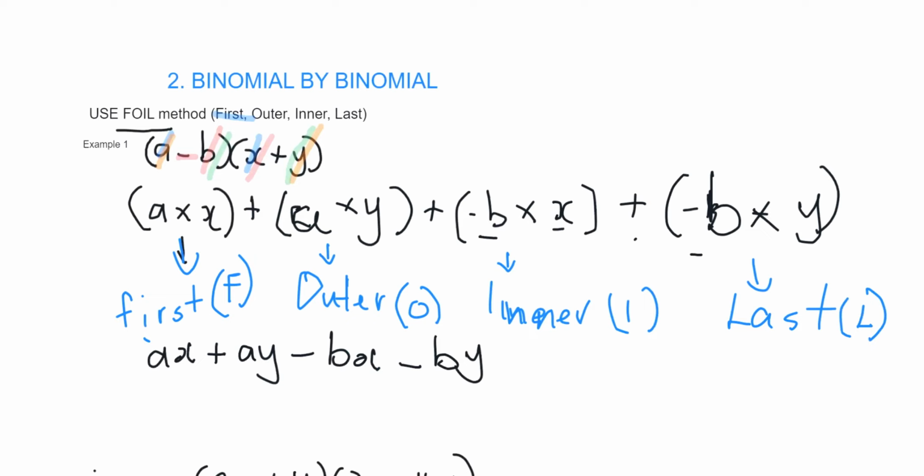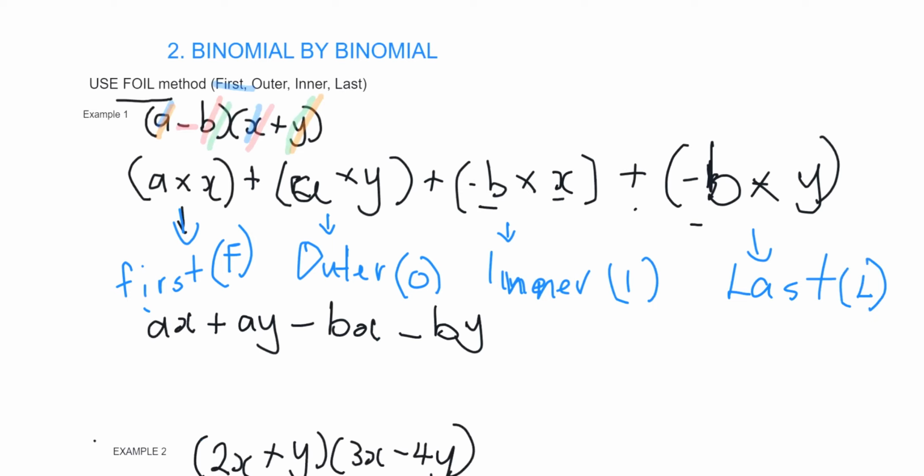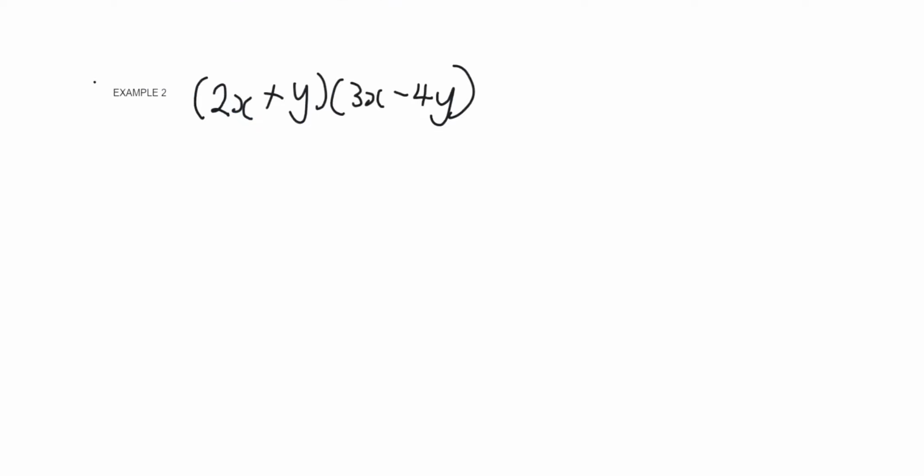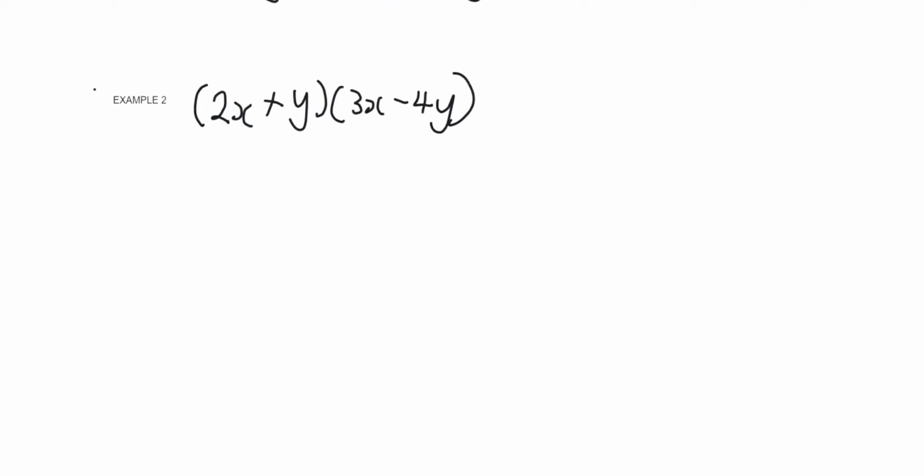So that we can get this wrapped up in our head, let's look at our next example. I'm going to move straight, because now you understand what FOIL means. So we start again here. You are going to have 2x multiplied by 3x, plus the second one.